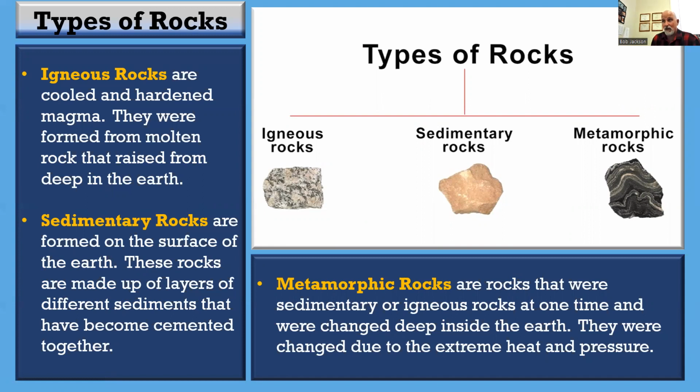Igneous rocks are cooled and hardened magma. So it comes from volcanic activity, or it comes from where magma comes from underneath the earth through the crust and got deposited where we find it.